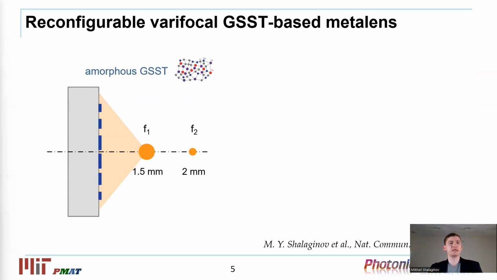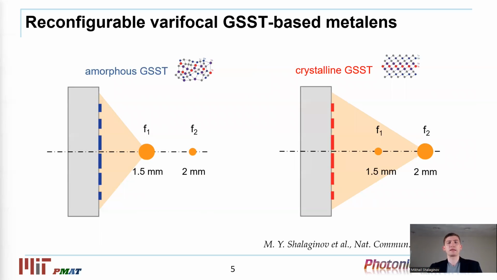When GSST is in the amorphous state, colored in blue, the incident light is focused in a focal plane f1, 1.5 millimeters away from the surface of the metalens. Afterwards, if we switch GSST to the crystalline state, now shown in red, the focus spot will move to position f2, which is 2 millimeters away from the metalens plane.